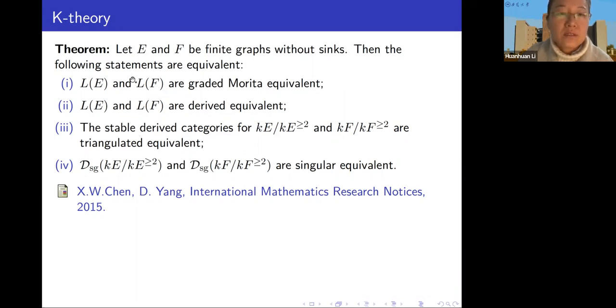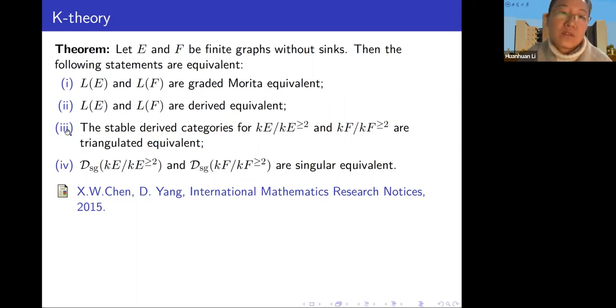So this has a relation with the previous two statements. And the last statement is that the singularity categories are equivalent. The singularity category is the full subcategory of this stable derived category consisting of the compact objects.